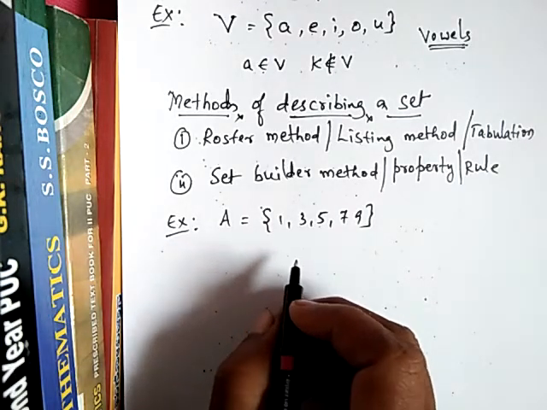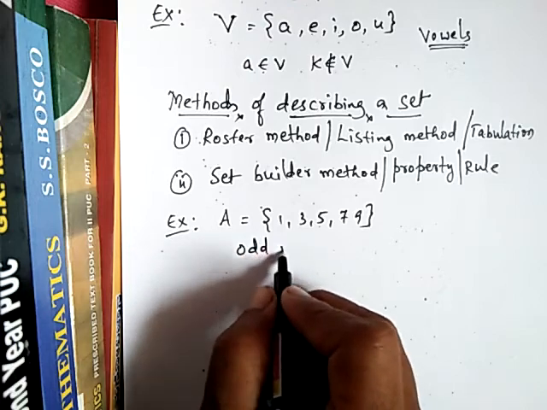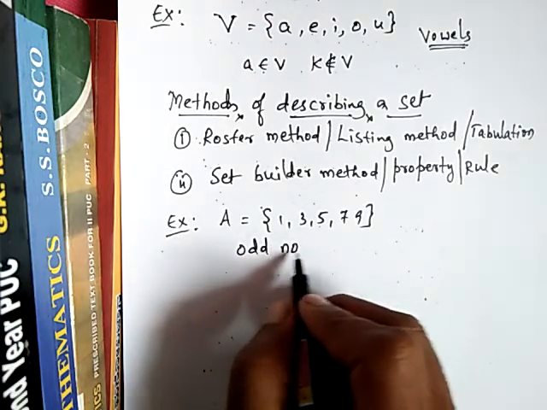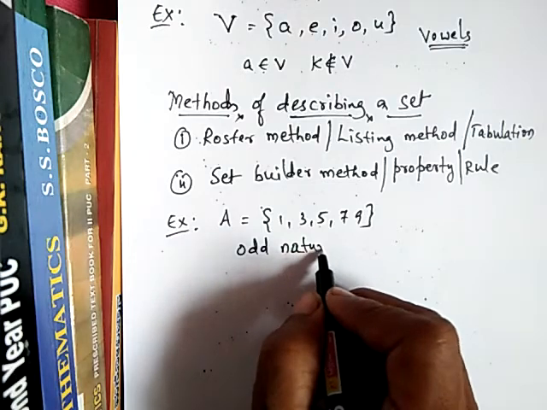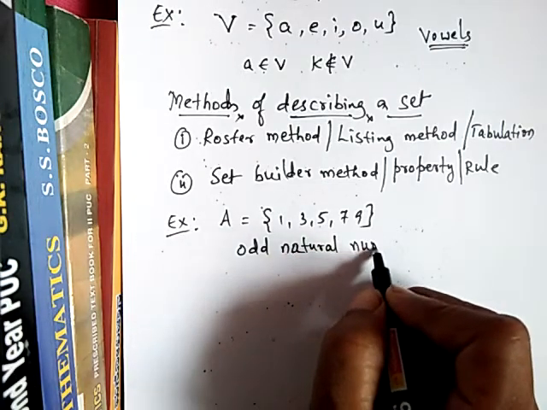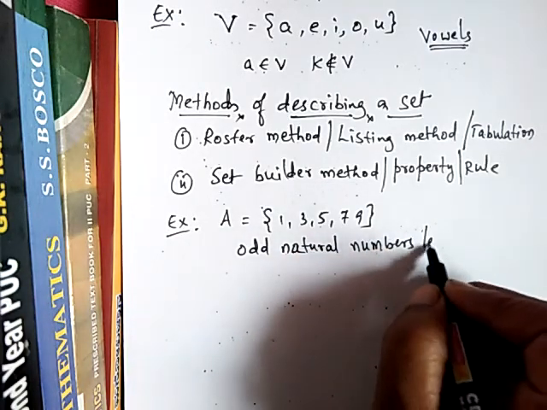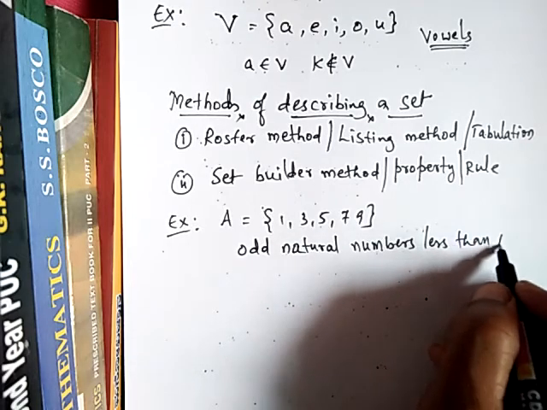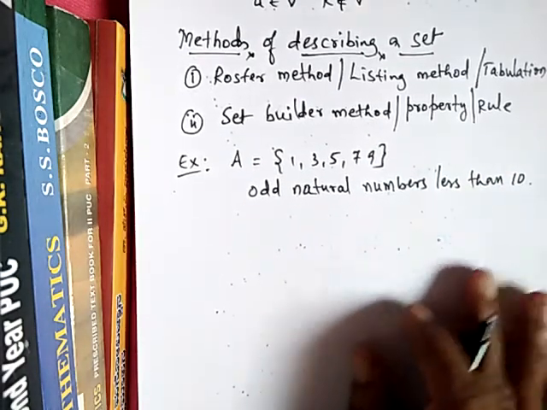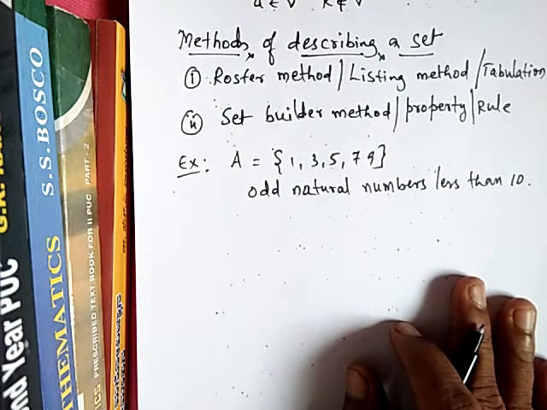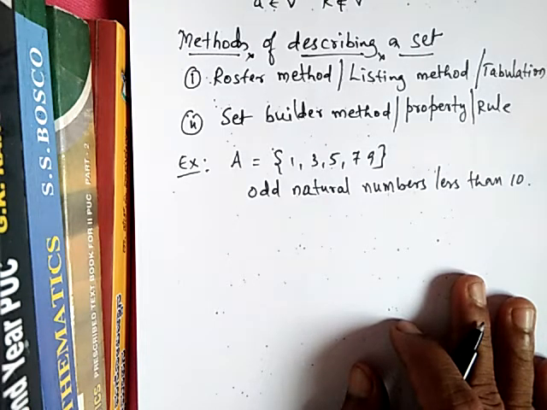Odd natural numbers less than 10. Okay, any other examples you can take? The set of rivers of India, the vowels in the English alphabet, various kinds of triangles, prime factors of 210, the solution of some quadratic equation. Like that, many examples you can give.